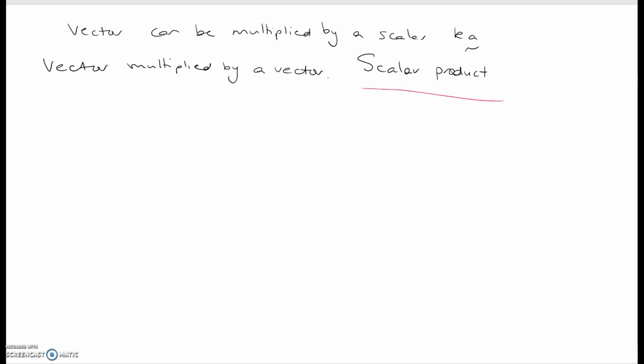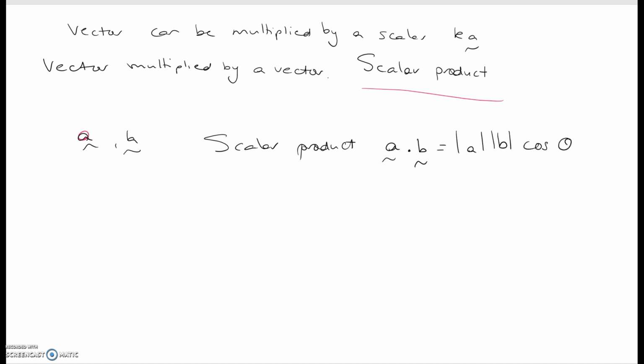So if we've got two vectors a and b, then the scalar product is defined as the length of a times the length of b times the cosine of the angle in between. So theta is the angle between a and b.